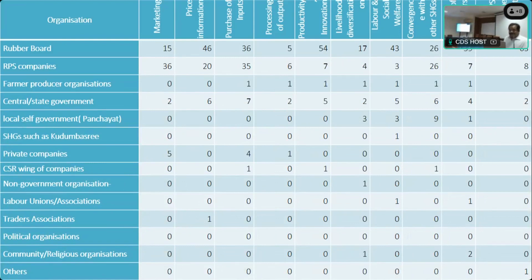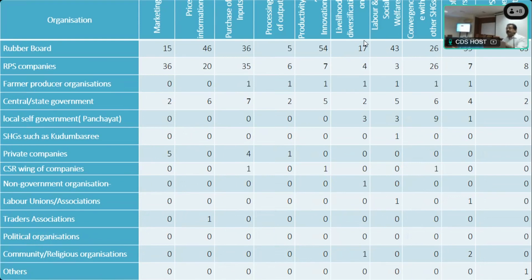It could be the center or the state government, local self-government, SHGs, private companies, CSR wings of companies, NGOs, labor unions or associations, trade associations, political organizations, community and religious organizations, others and so on. And it could get involved in a number of activities like marketing, getting price information, purchase of inputs, or processing of output, productivity, and innovation.